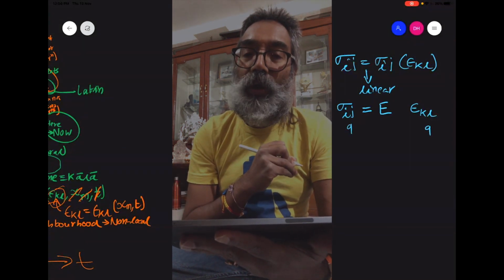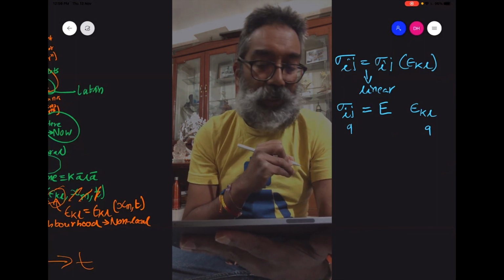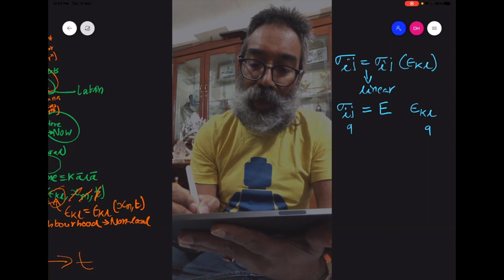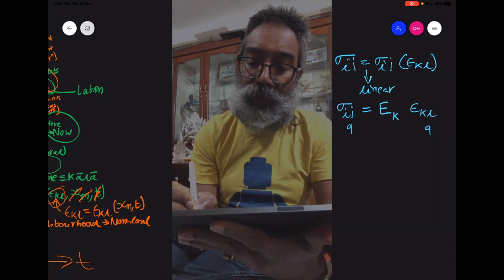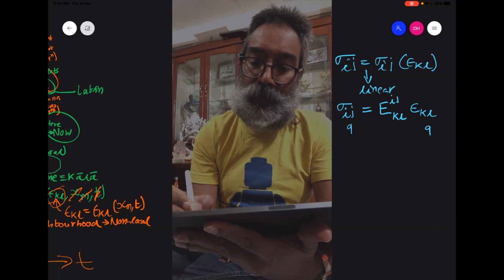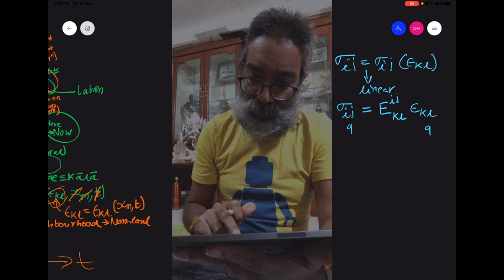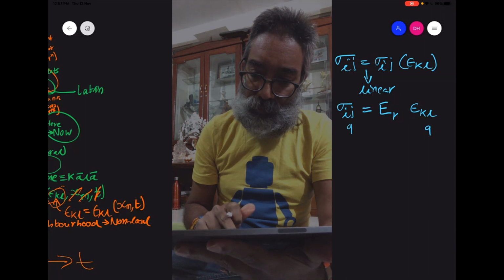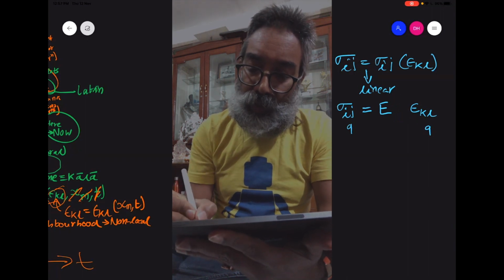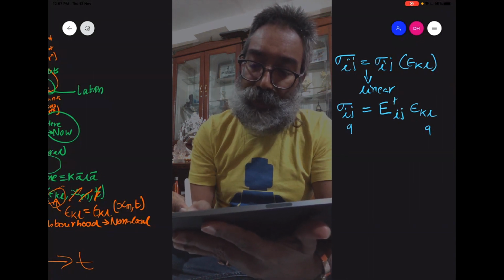So you cannot have a single E which takes care of all of that in a general problem. So you will have the stress which is related to a particular strain.